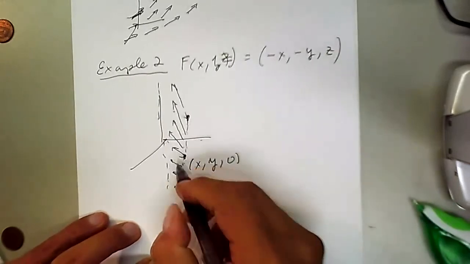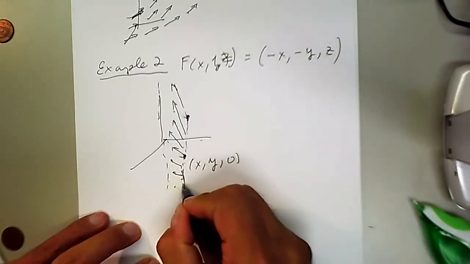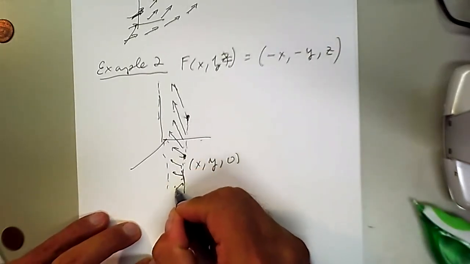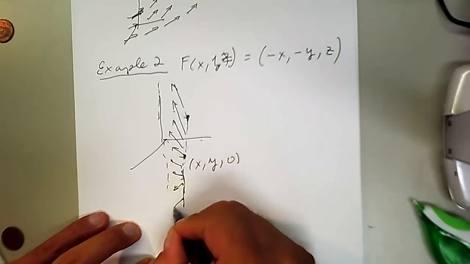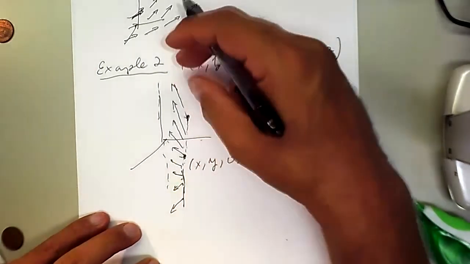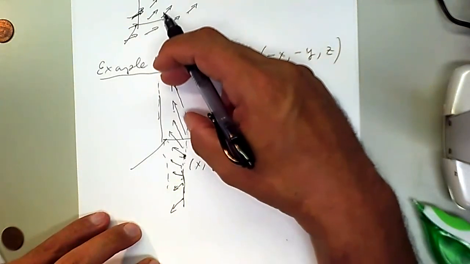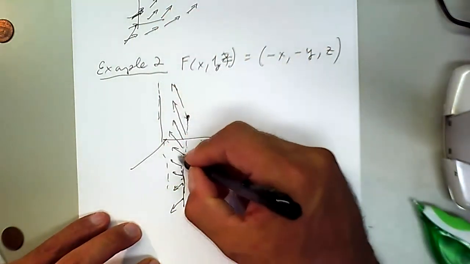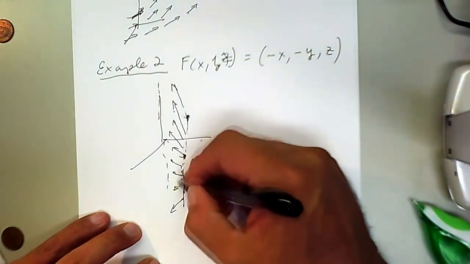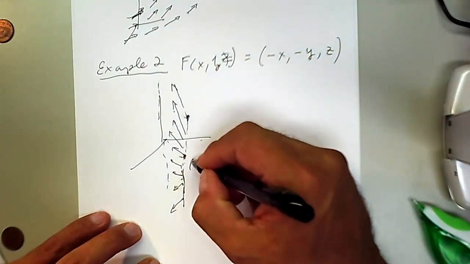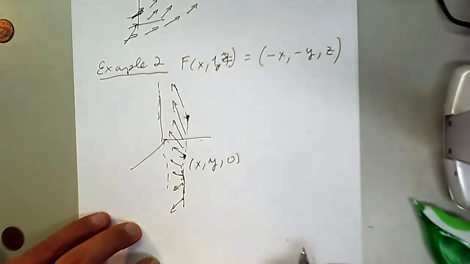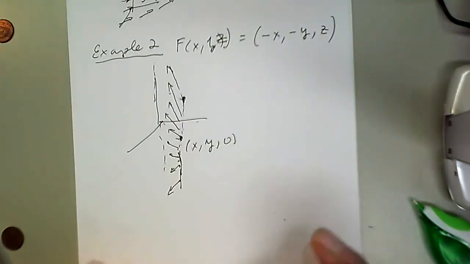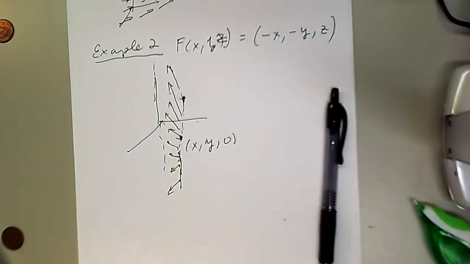Lower means lower. Technically, those vectors get longer because we have to add these z. So these are not quite correct, and they should go down. Anyway, so this is a quick introduction of vector fields.